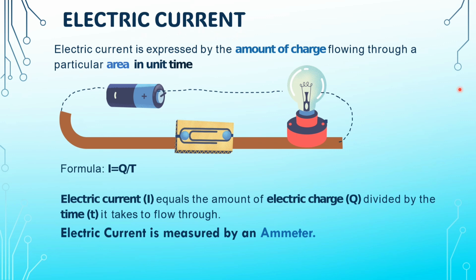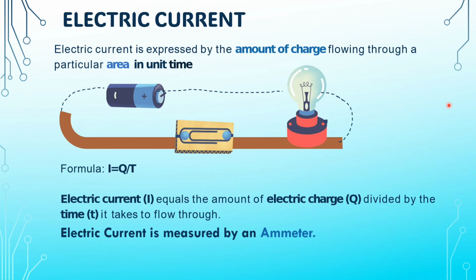Electric current is the flow of electric charges in a conductor. It is expressed as the amount of charge flowing through a particular area in a unit time.